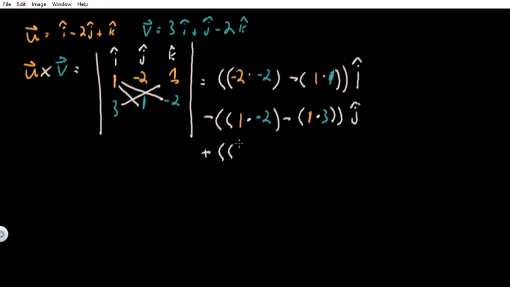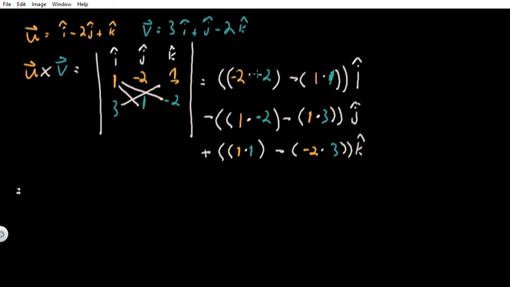So now I would get 1 multiplied by 1, minus, and now 3 multiplied by -2. And I covered up k hat initially, so I would have to multiply this difference by k hat.